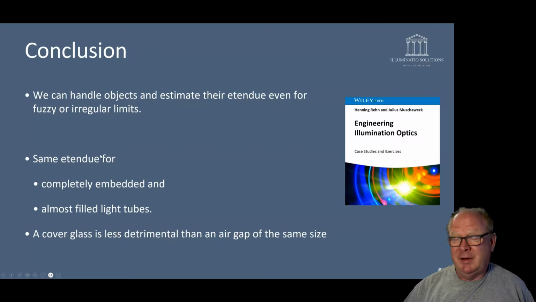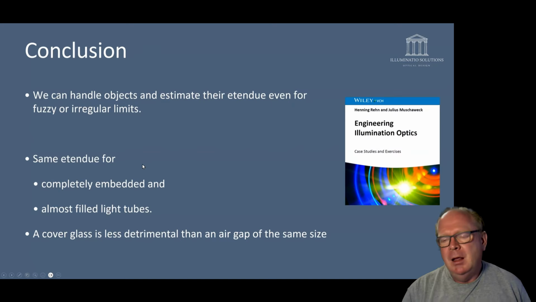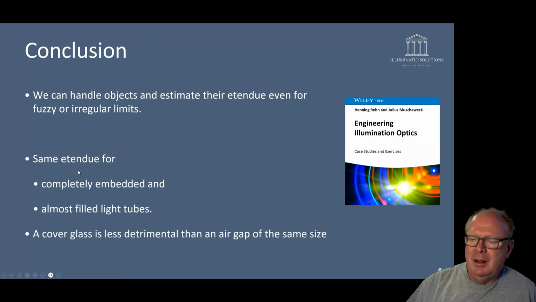And for my example with the cover glass inside the light tube, we found out that the étendue is the same for an almost filled light tube or a completely embedded light tube. And so in conclusion, this means the cover glass does help us. It would be much worse if we had an airspace with the same thickness as the cover glass.